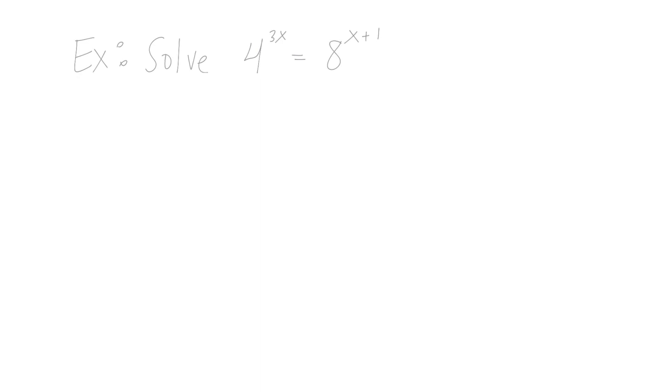Remember that we have this property that if the bases are exactly the same, the exponents have to be the same. Now as it is for this one, the bases are not exactly the same, but I could rewrite it so that they are the same.